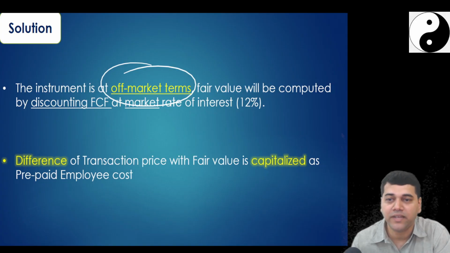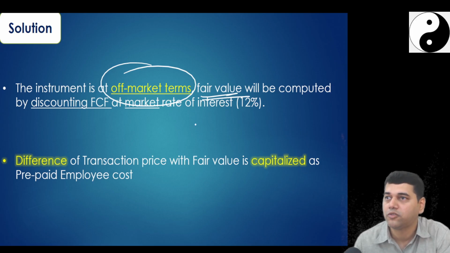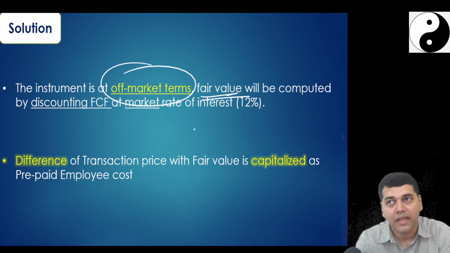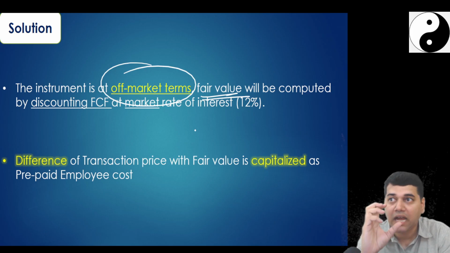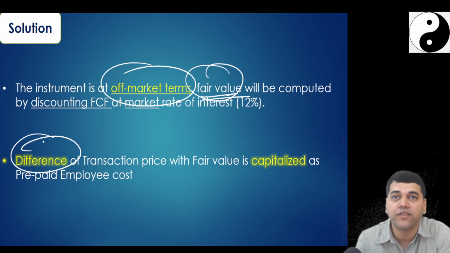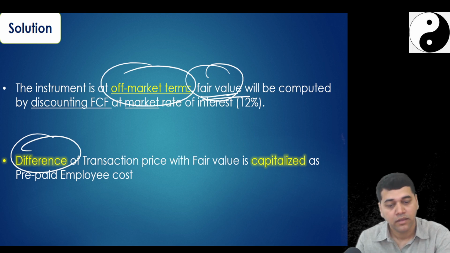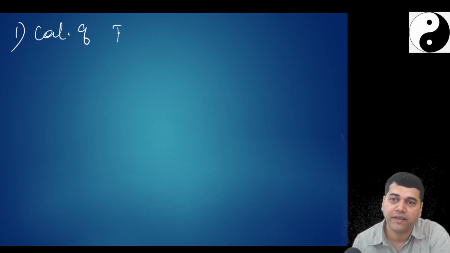With an off market instrument, we are going to calculate the fair value. If I have to pass this entry, my first entry needs one fair value and I am going to get the difference. So I have explained the journal entry first, then write one calculation of fair value.